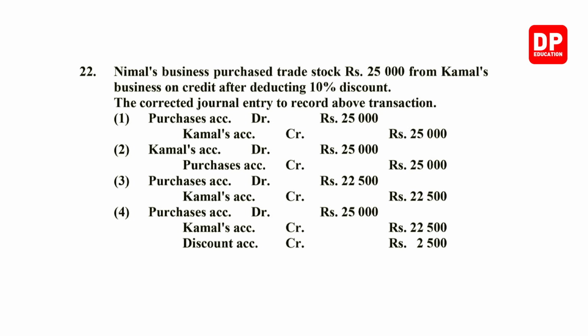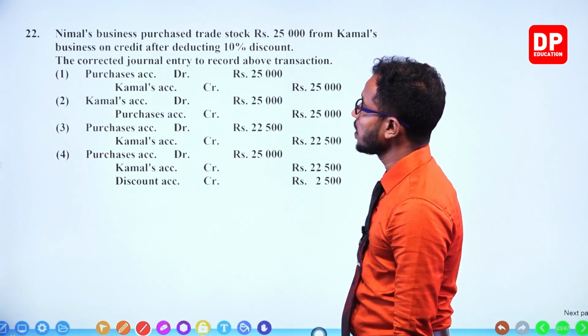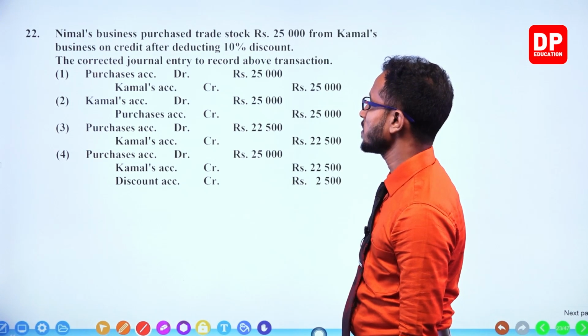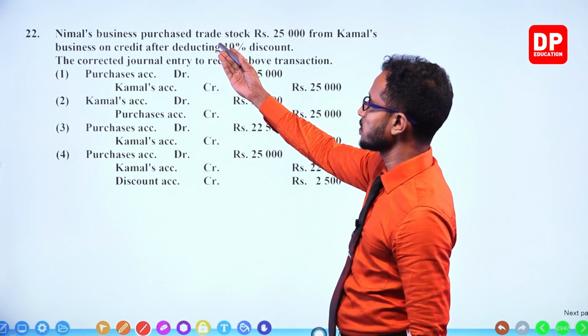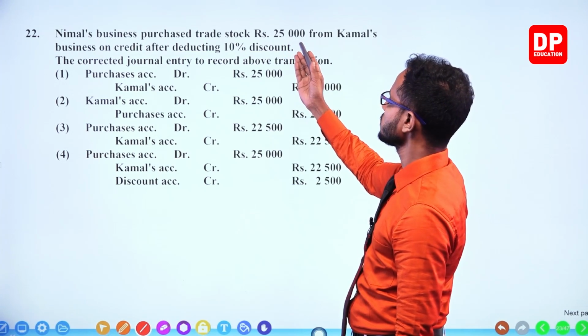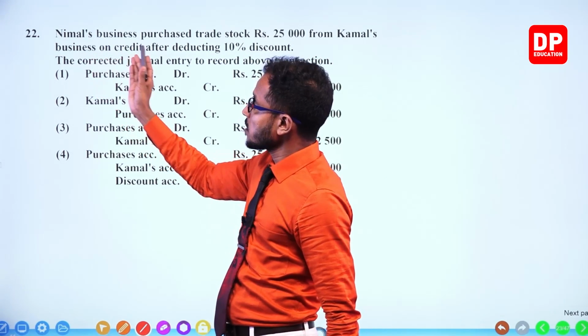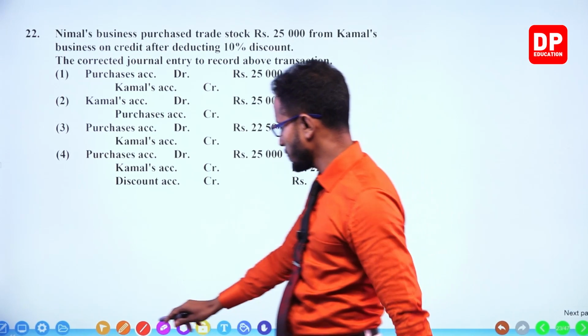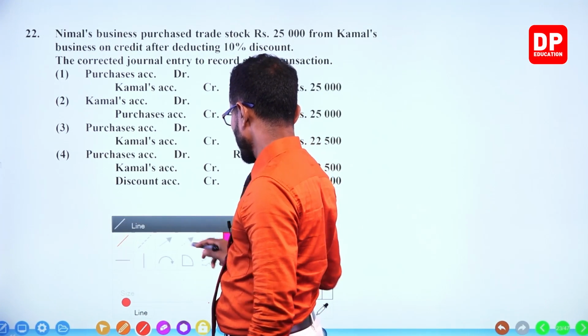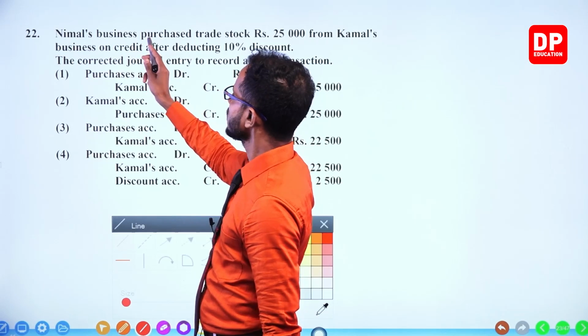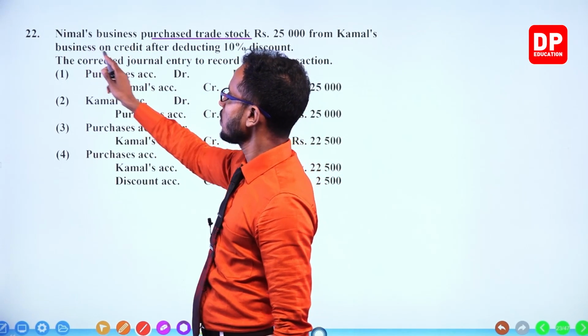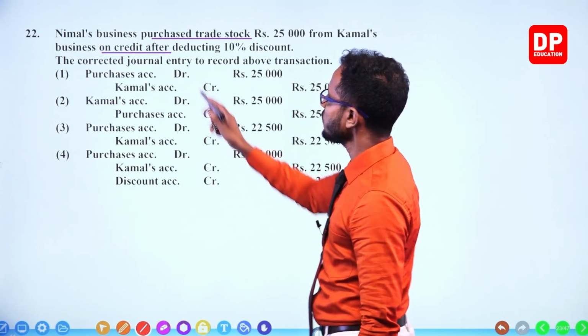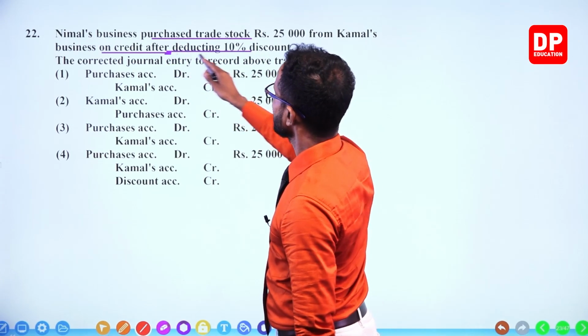Nimal's business purchased trade stock worth 25,000 from Kamal's business. Nimal is buying from Kamal, purchasing goods worth 25,000 on credit. What are the important points? Purchasing trading stock on credit after deducting 10%.